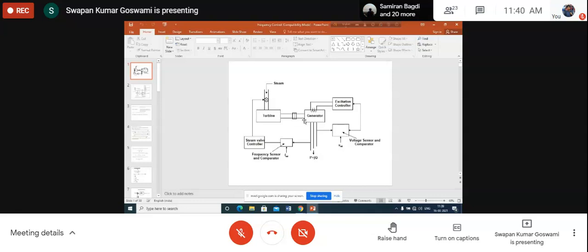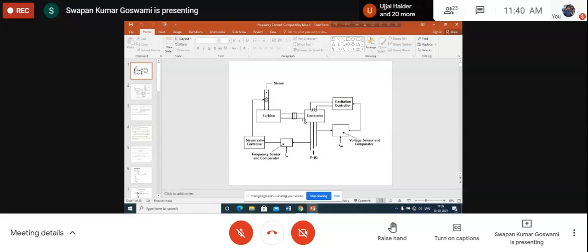Controlled rectifier means basically a thyristor driven rectifier. Or sometimes the alternator output itself is rectified and given as input to the field winding. So if the AC output is rectified or the generator becomes self-excited, in that case you have to control the rectifier only.